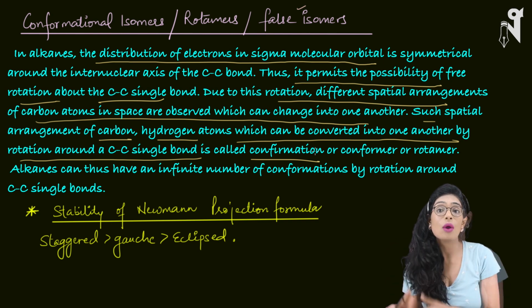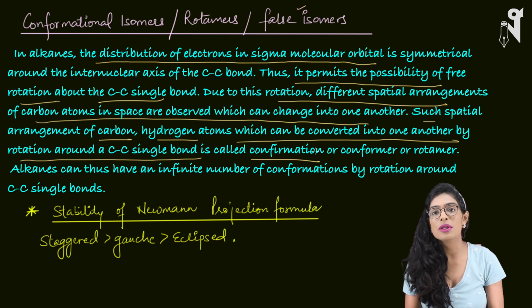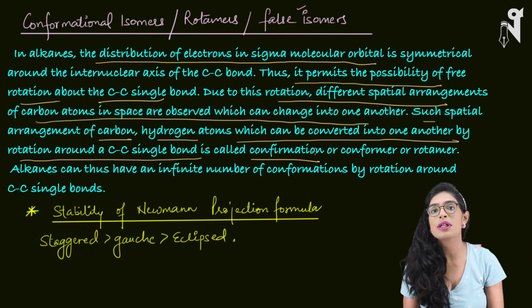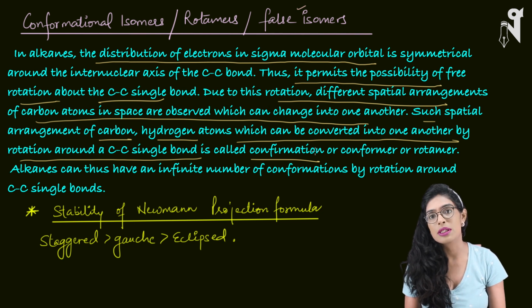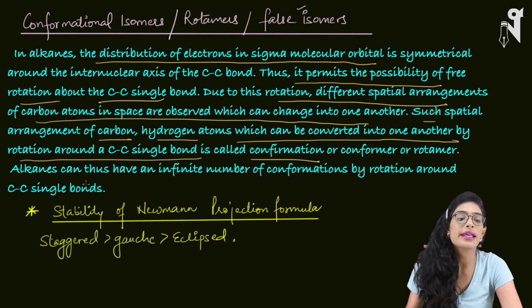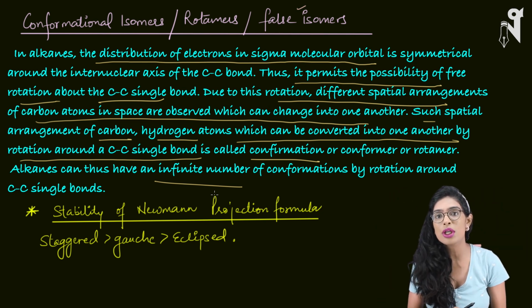We will understand now, going forward, what exactly are the conformers, to which form out of all infinite possibilities we can call them conformers, or conformational isomers. As I mentioned, alkanes can have an infinite number of conformations because they keep changing their angle, and every time they change the angle, the spatial arrangement changes.